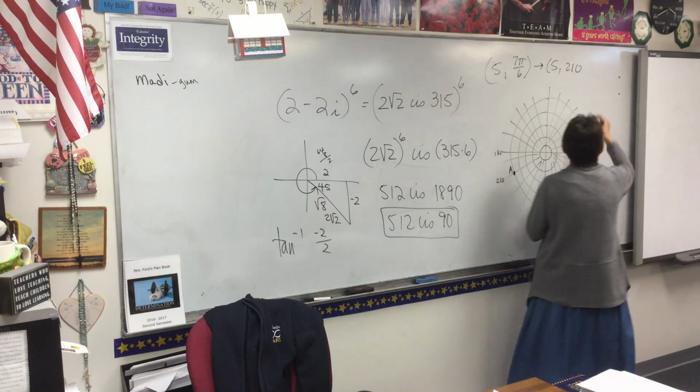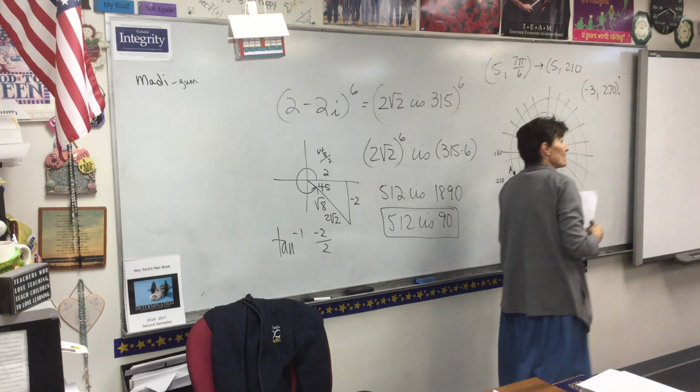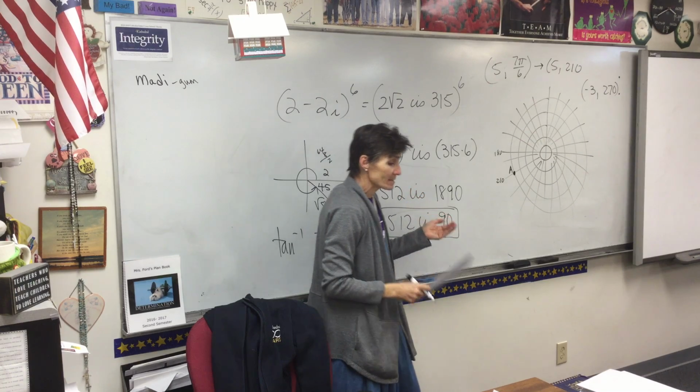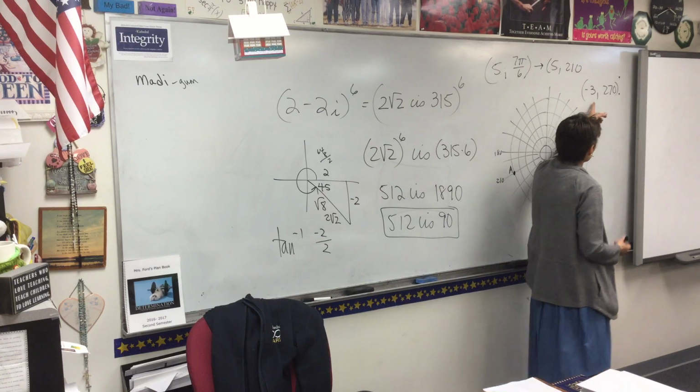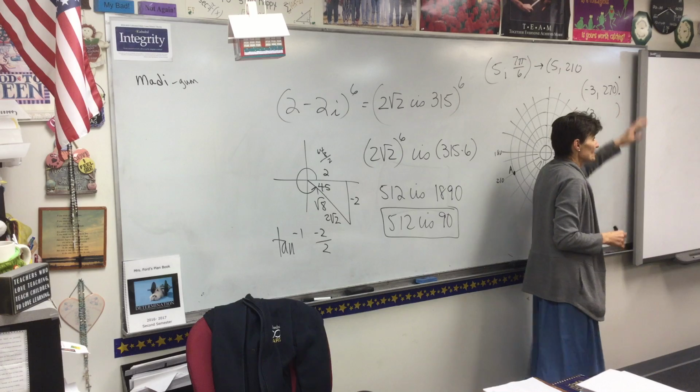Now the next one is problematic because it's got that crazy negative R. You can't plot a negative circle. This would mean get on the 3rd circle for sure, but I'm not going to plot it at 270.